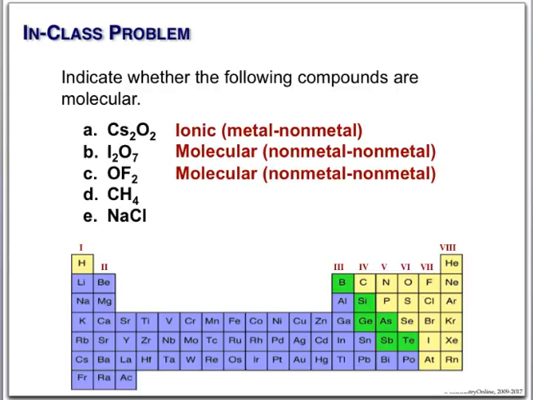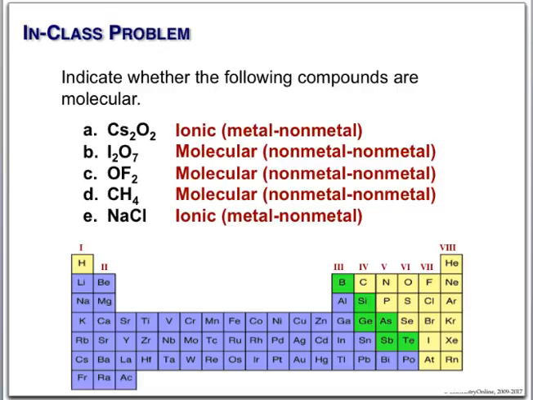Nobody would ever call it carbon tetrahydride. But carbon, right there, nonmetal, hydrogen, nonmetal, molecular. And finally, the gimme on the list, sodium chloride. We've seen this all night. Got to be ionic. It's got the metal. Any questions?